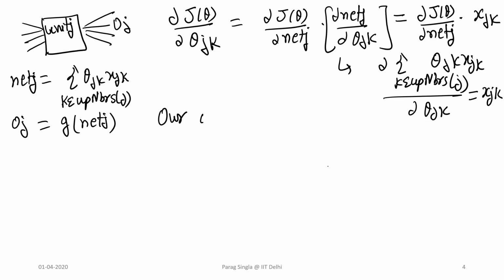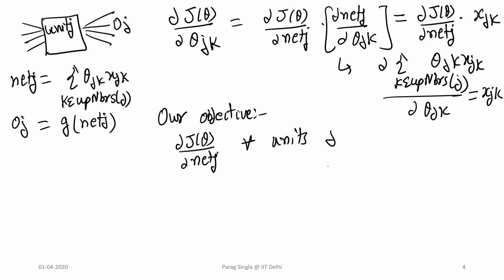Our objective then reduces to computing the derivative of J(theta) over net j for all units j in the network, and if we have computed this, then we would have also computed the corresponding derivatives with respect to all the interconnection weights.